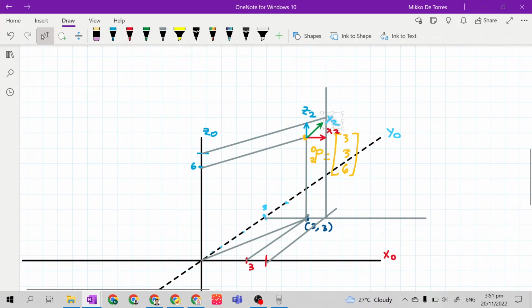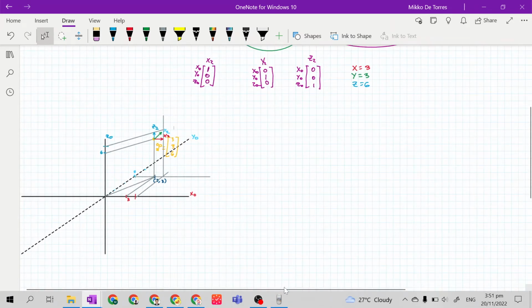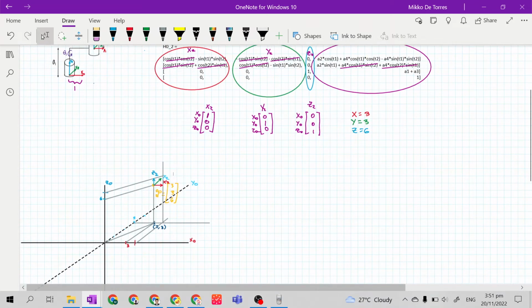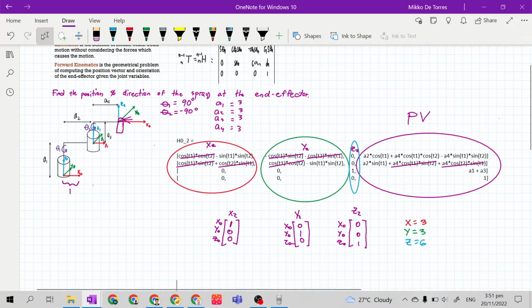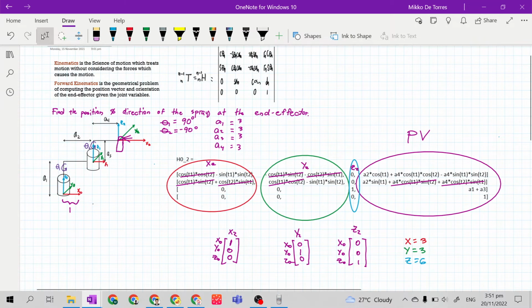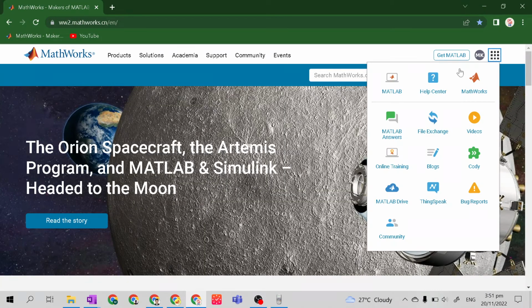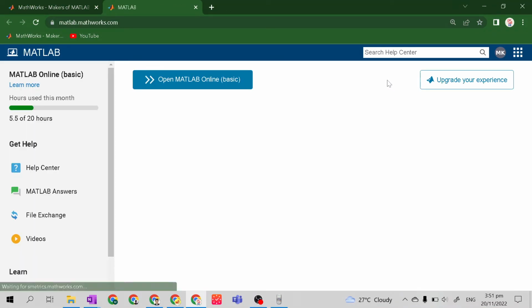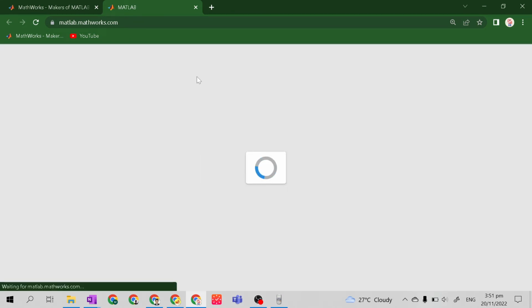Okay. So if you notice, it is not that presentable if we are plotting it in this kind of plot. That's why we are using simulators like MATLAB. So if we plot it in MATLAB using the robotics toolbox by Peter Corke, it will be more presentable.